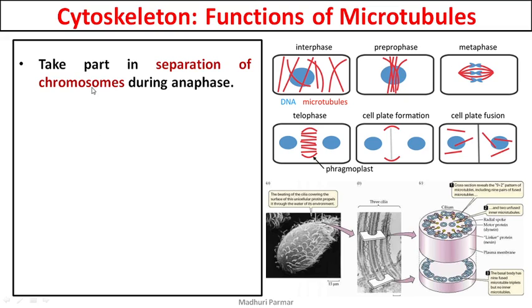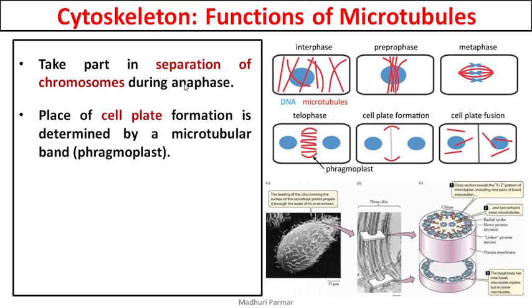They take part in separation of chromosomes during anaphase. Then the place of the cell plate. Because of the cell wall, the plant cell cannot have a cleavage furrow. So how will it decide where the two cells should divide? There is presence of these microtubules in between as the phragmoplast, and wherever this phragmoplast is present, the middle lamella will form there.